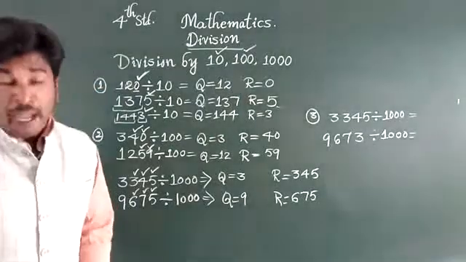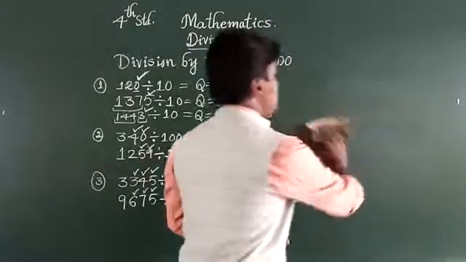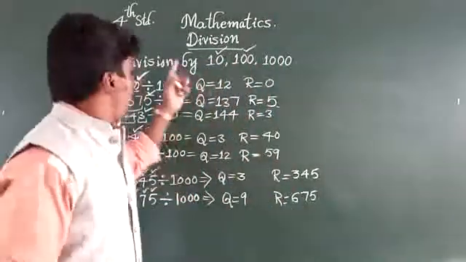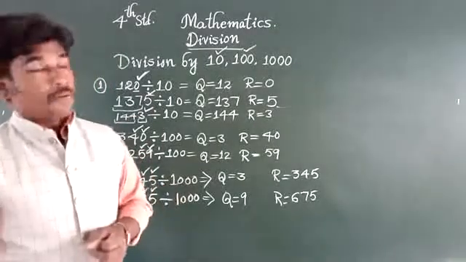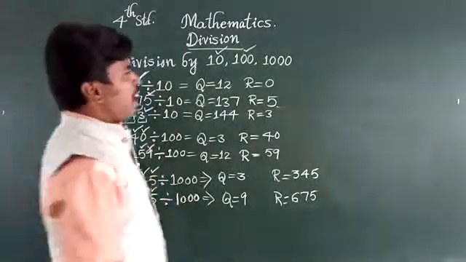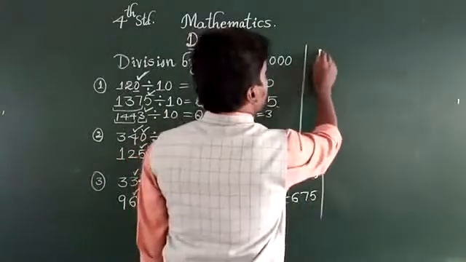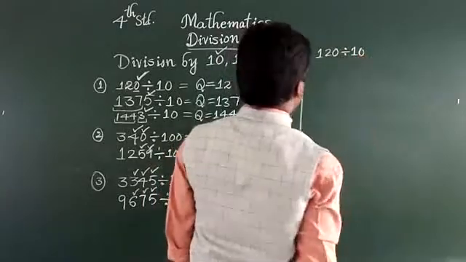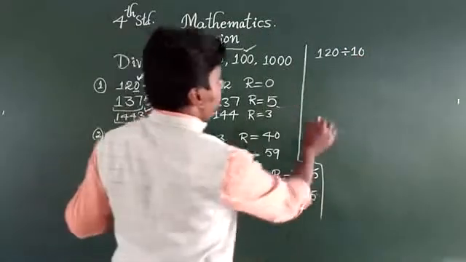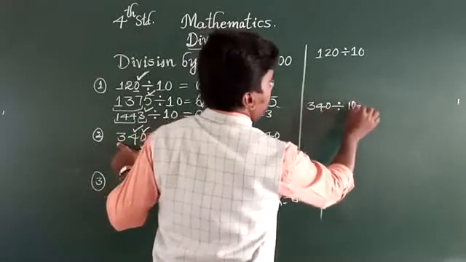Dear children, you may have doubt whether it is right or wrong. If you want to check, I am going to take one question of each type. You take 120 divided by 10. The second one is 340 divided by 100.